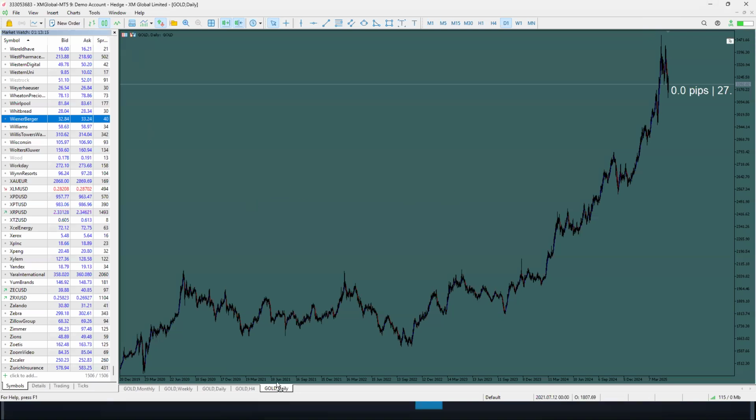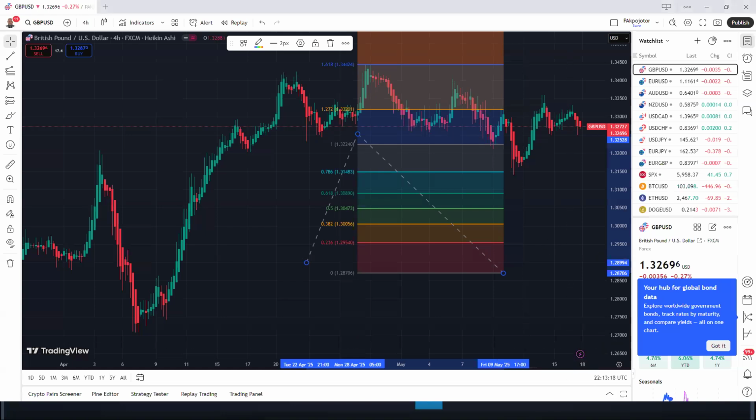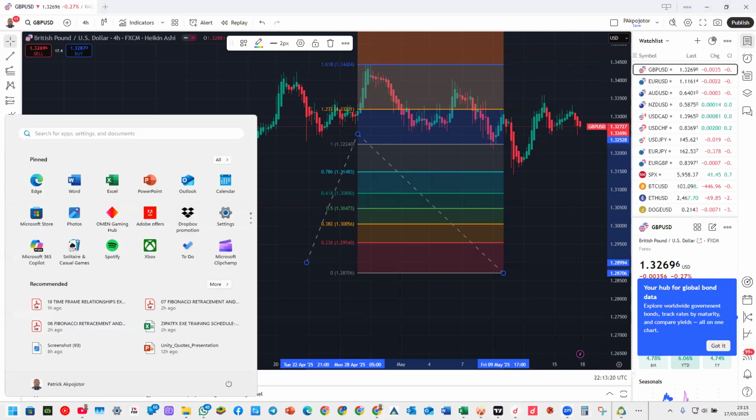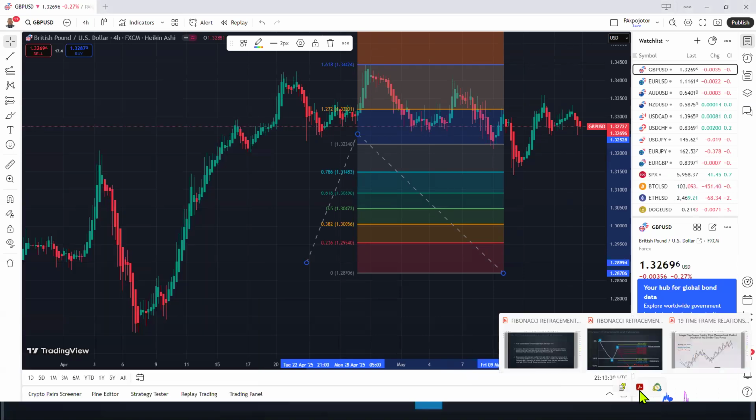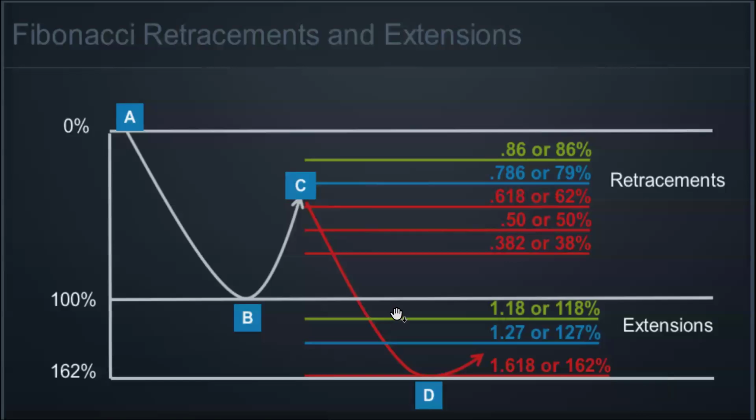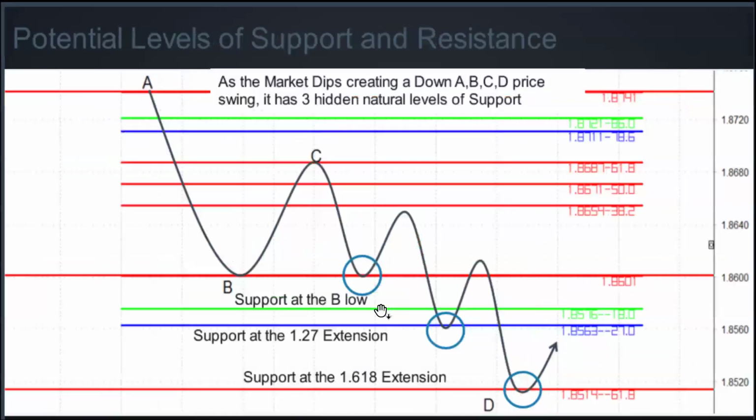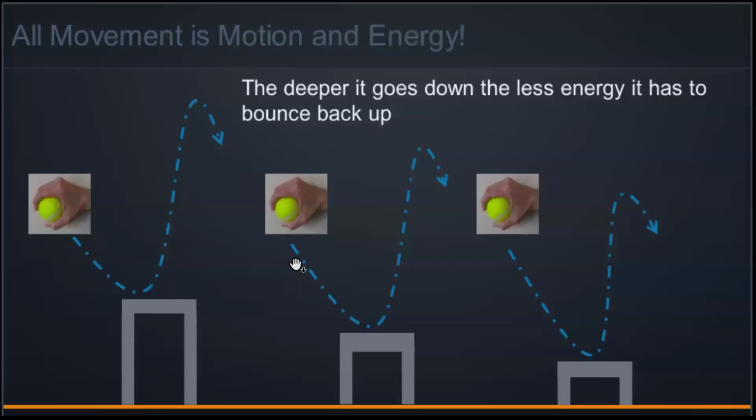All right, let's just quickly do this. Just the same way we talked about the uptrend, this is the same thing for the downtrend.